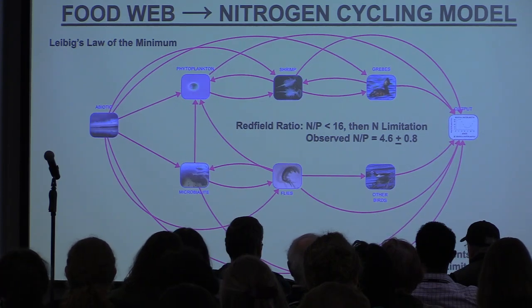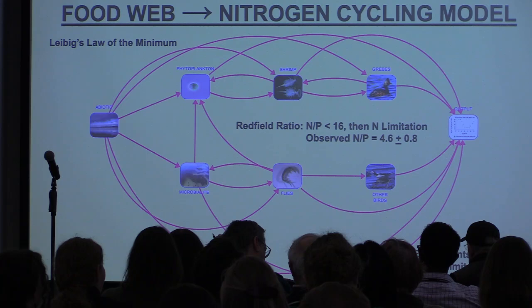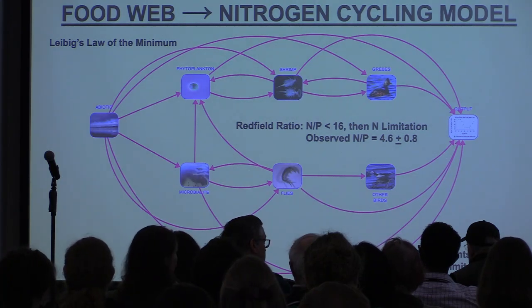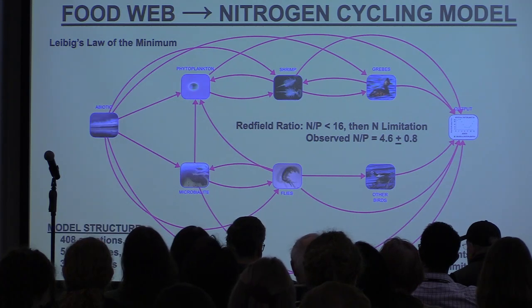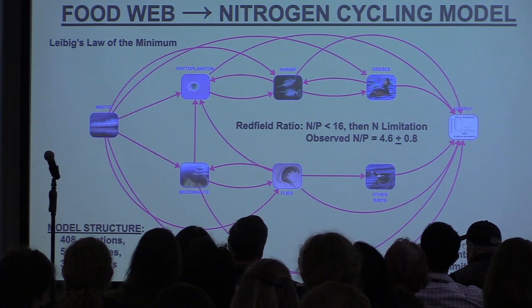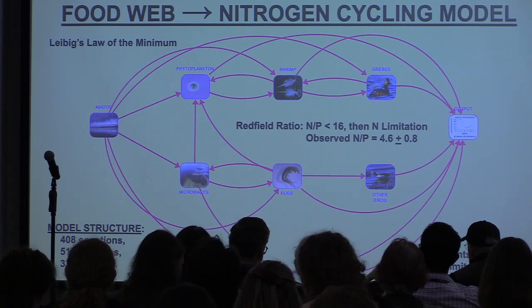Added to that, we have numerous experiments that we've done and experiments that others have done with Great Salt Lake phytoplankton showing that nitrogen is the limiting resource. And now adding that to the model, it blows up even larger to 408 equations, 517 variables, 33 constants.